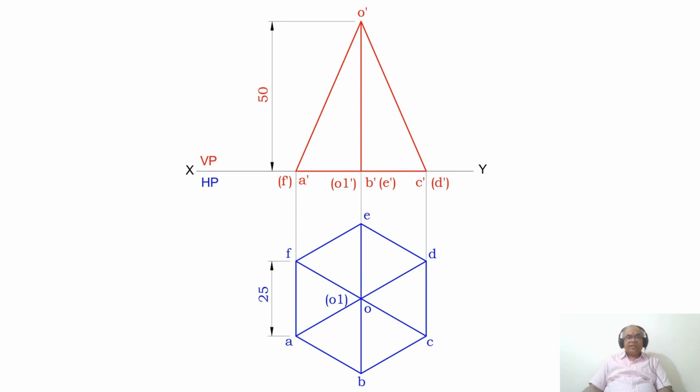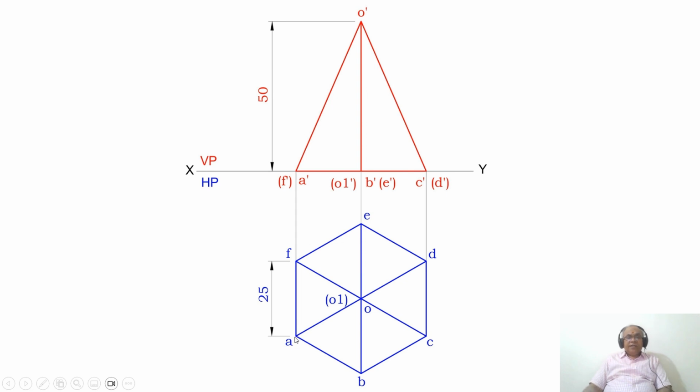Similarly, with P as the center, cut on this side and also on this side. Now we mark the points A, B, C, D, E and F. Then join A to B, B to C, C to D, D to E, E to F and F to A with a dotted line.